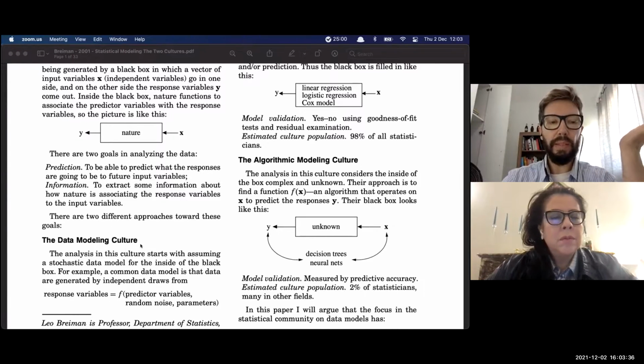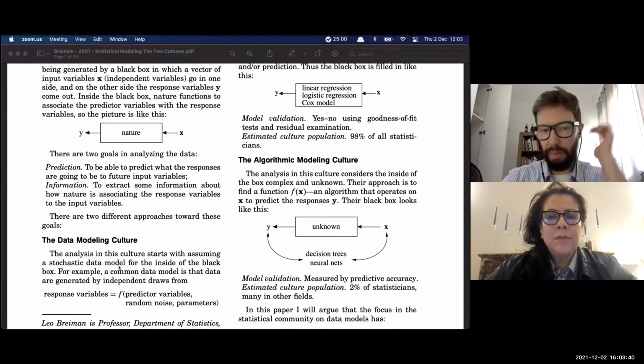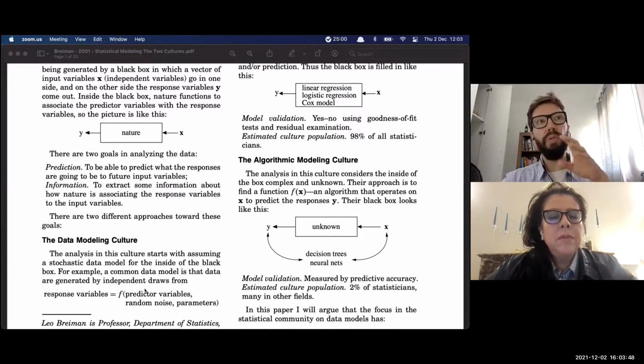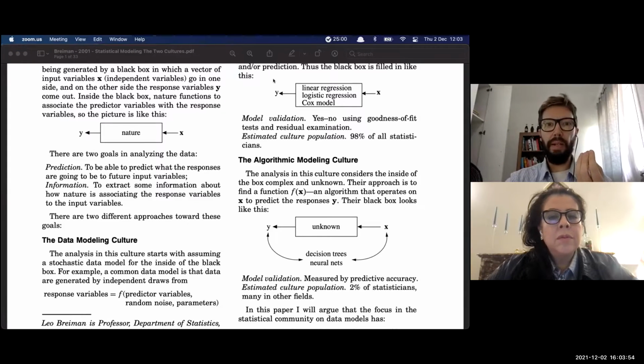One is the traditional one from statistics, when you have your response variable and your predictor variables. You want to say how Y behaves based on X given a model. So it could be linear regression, logistic regression, Cox model, whatever.